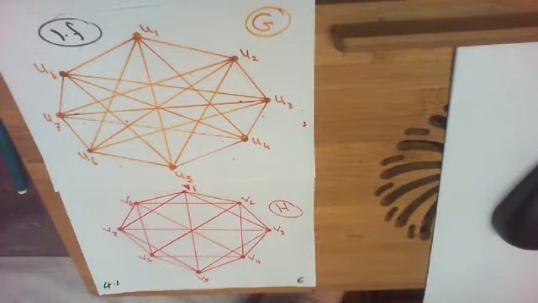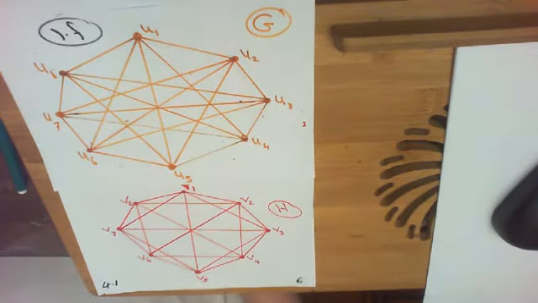I told you before these two graphs in problem F are not isomorphic because the number of circuits of length 4 in graph G is much more than that in graph H. You can deduce this directly.